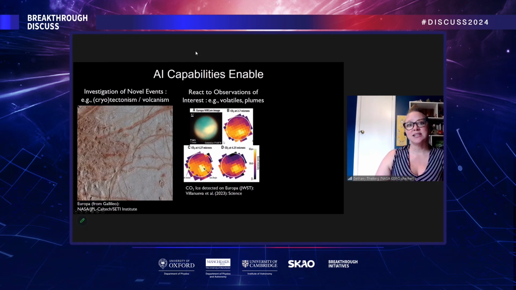This is actually some recent detection by JWST, the James Webb Space Telescope. This is not a plume, but it is carbon dioxide ice on the surface of Europa. This lends credence to the idea that maybe there are volatiles being ejected into space, similar to Enceladus. So how could you react to that in real time?